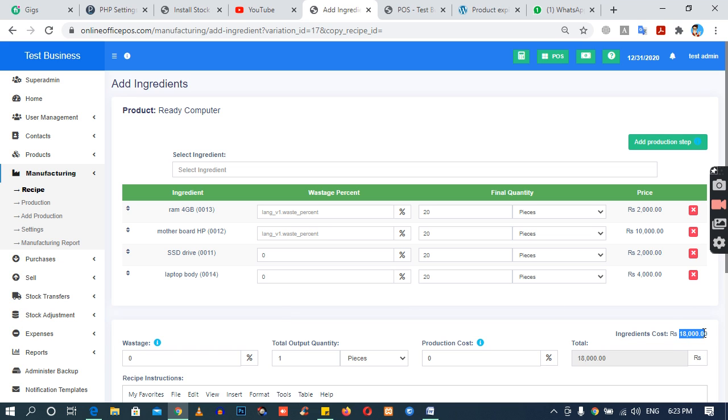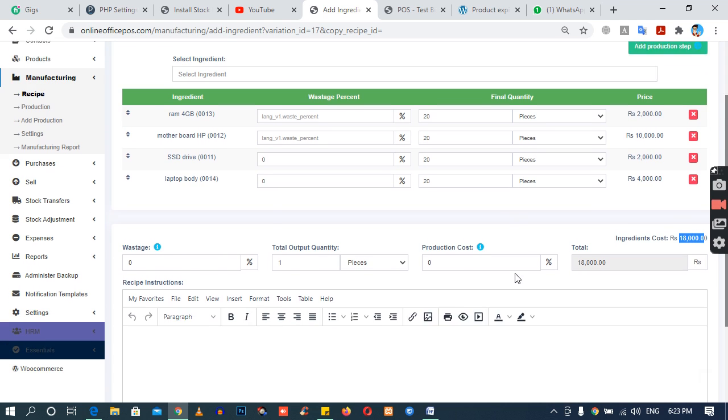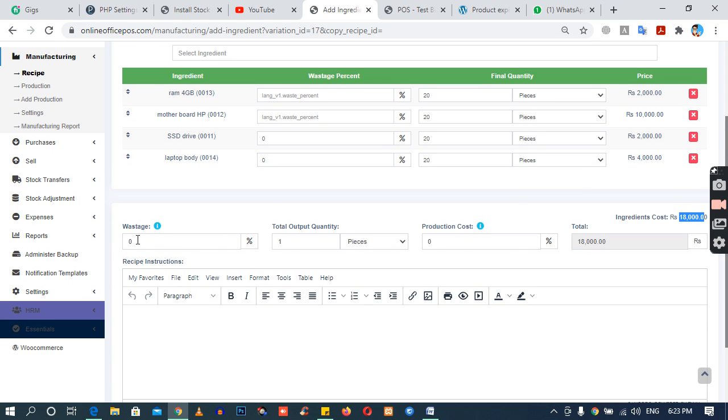So this production is 18,000. This is the ingredient cost total. Okay, you can calculate in your calculator. So there is no wastage. For example, if you do 1%, there is 1% wastage.